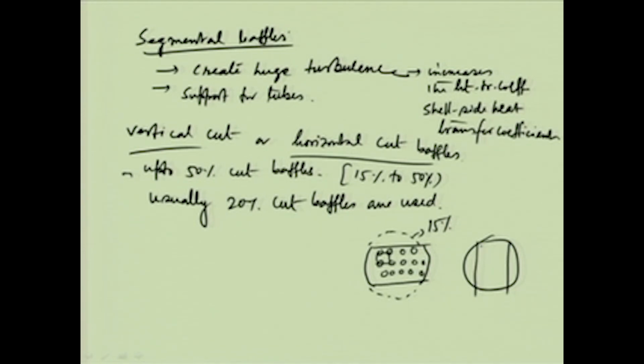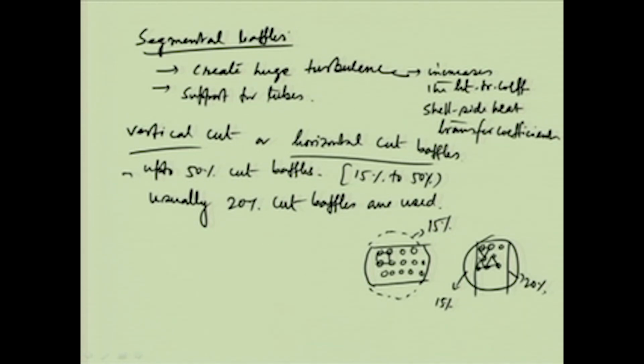Again, these are all triangular pitch arrangements. This way can be just a typical square pitch arrangement. This is a typical triangular pitch arrangement for the baffles. Here also it can be 15% cut, or 20% cut. It can be on one side, it can be on both the sides.